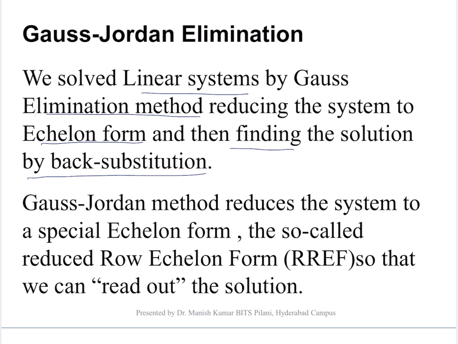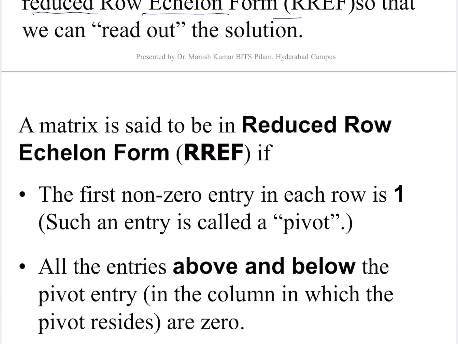So here we are not going to do back substitution. We perform further reduction, that is a special case of echelon form, right, which is so called the name as reduced row echelon form, and then we read out the solution directly. Okay, we will see how we are going to read out.